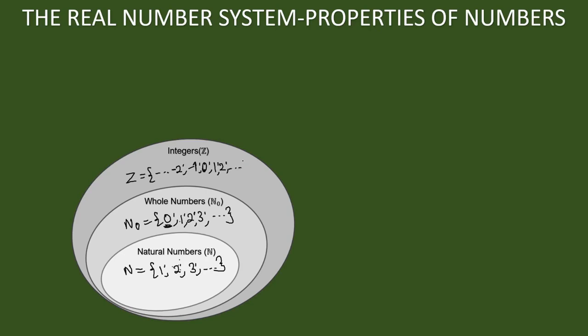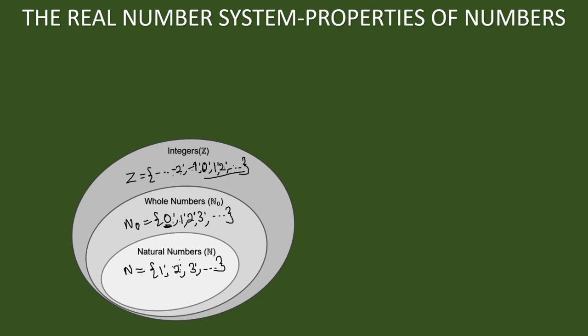Right, again counting in ones. So we have the whole numbers and their additive inverses, including zero. The 0 is also an integer. So 1, negative 1, 2, negative 2, 3, and negative 3, like that. So these are integers. Right.